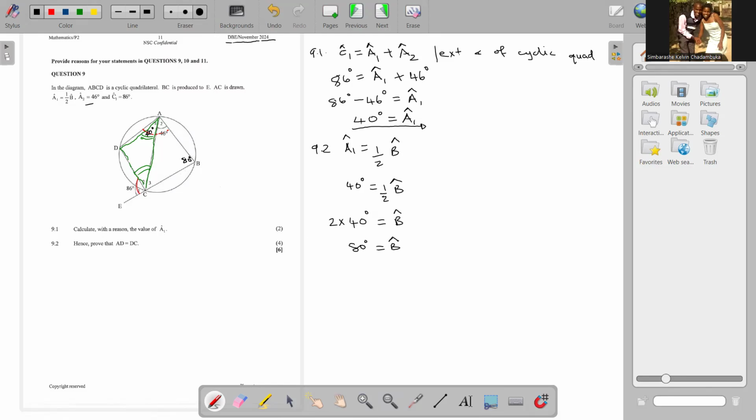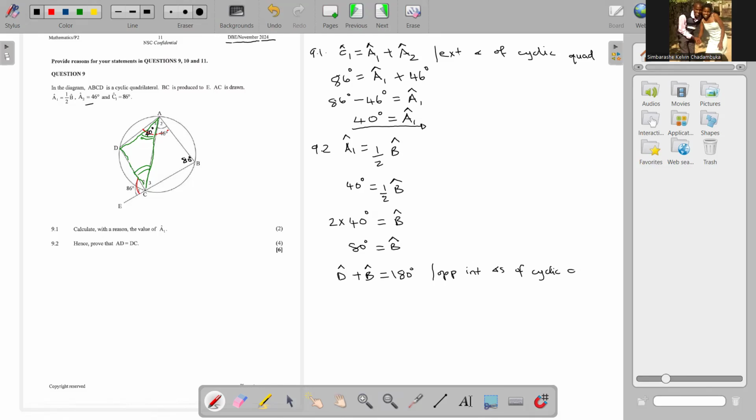From the given information, we are told that ABCD is a cyclic quad, and we know that the opposite angles of a cyclic quad supplement. So angle D plus angle B must be equal to 180 degrees. The reason is opposite interior angles of a cyclic quad.